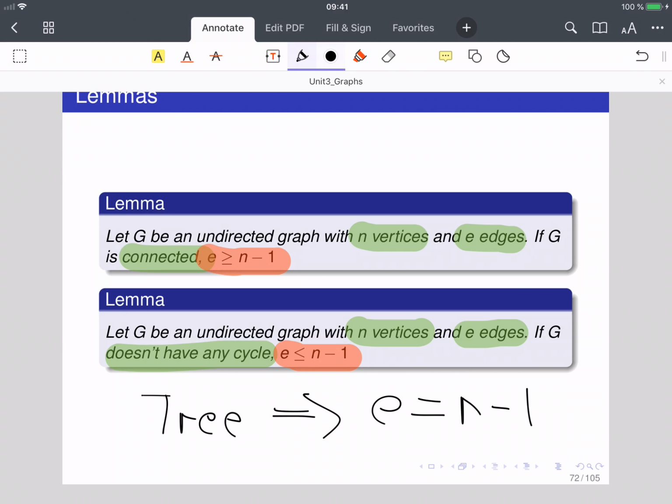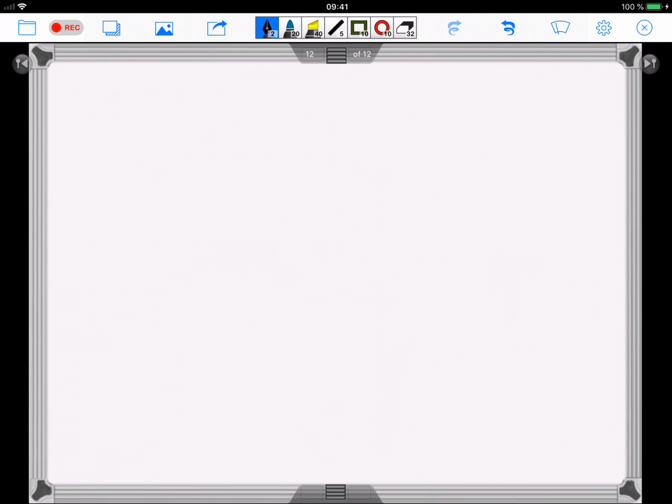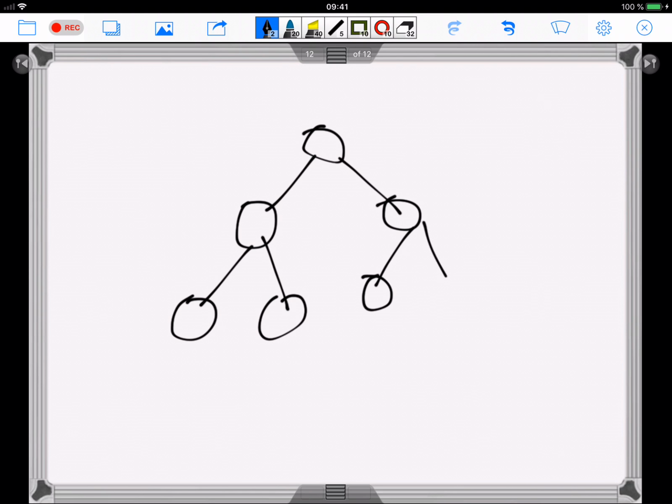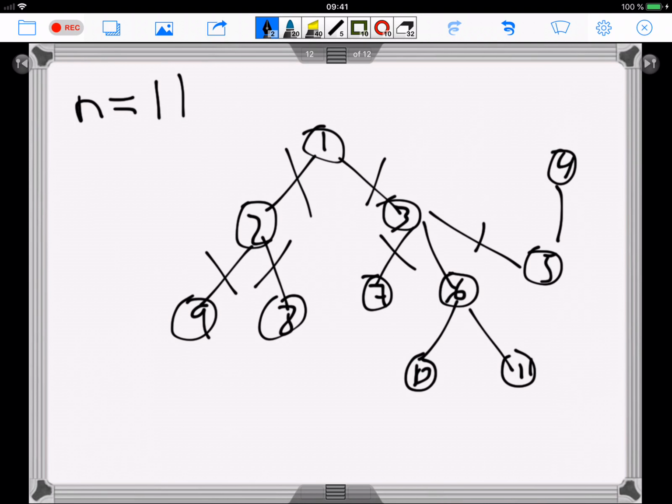So if we go back to the whiteboard and we draw a tree, for instance, something like this, okay, we have 1, 2, 3, 4, 5, 6, 7, 8, 9, 10, 11, and we should have exactly 10 edges. 1, 2, 3, 4, 5, 6, 7, 8, 9, and 10.